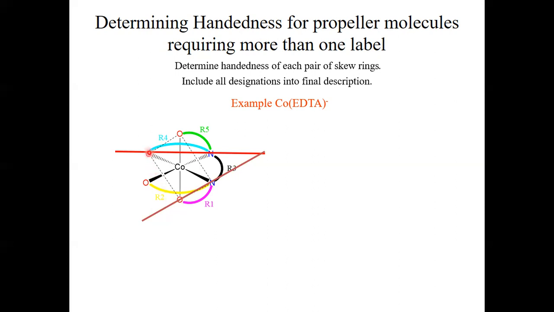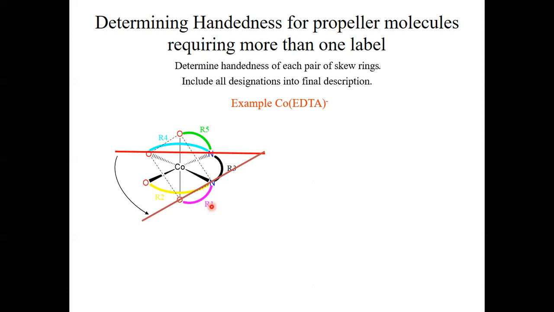Now I see that the smallest angle around which we can rotate requires us to rotate this way around. And that's counterclockwise. And that makes this ring combination a left-handed combination, which is associated with the symbol lambda.